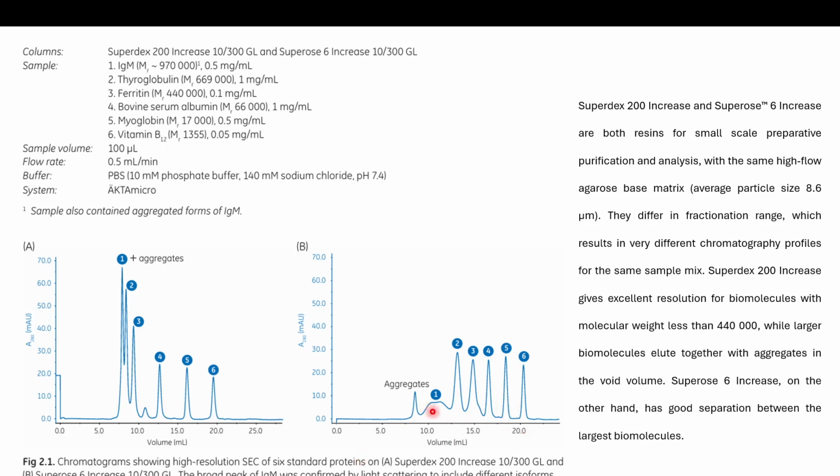But in the other case, the third component will be eluting out at 15 ml volume. Now you have started collecting fractions from here. So 1 ml, 2 ml, 3 ml, 4 ml fractions will have the first protein, the second protein, the third protein.